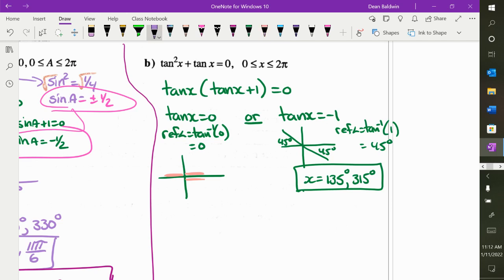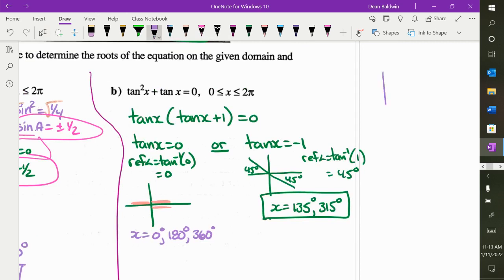So x is equal to 0, 180, or 360. There's another way to do that one. When you have a trig function that equals 0 or positive or negative 1, excluding tan for the positive or negative 1, but especially 0, if you know the trig graphs, you don't have to do any work.